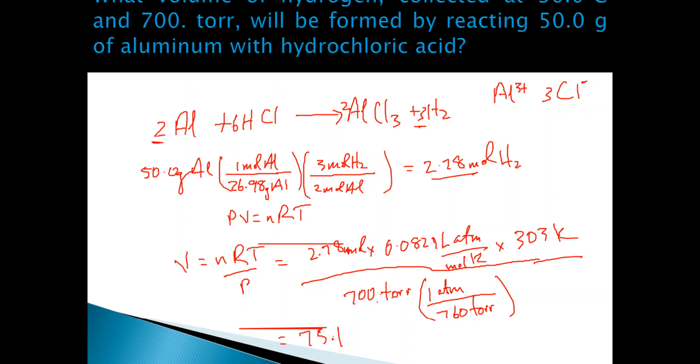So let me just show you how we get those units. The torrs will cancel, the atmospheres will cancel, the kelvins will cancel, and the moles will cancel. So the final unit here would be the liter unit, so liters. And this would be the final answer, all right? Okay, so that's basically how that particular example is done.